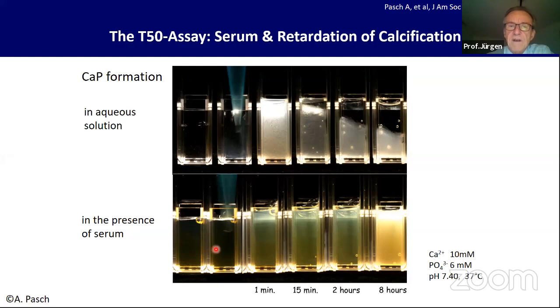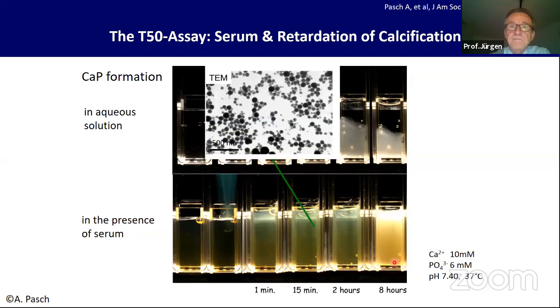So you can now calculate how good is your serum to go from a little cloudy to very cloudy. And you can calculate what is known as the T50, the half-life, the minutes where 50% of your solution gets very cloudy. And this is a very good reflection of how good is your serum in inhibiting calcification.